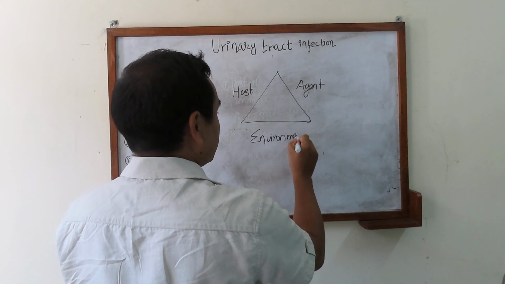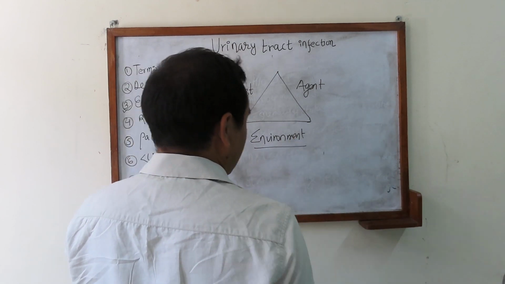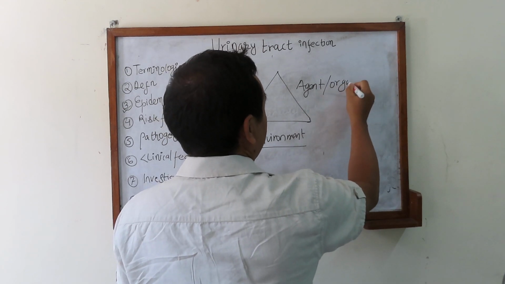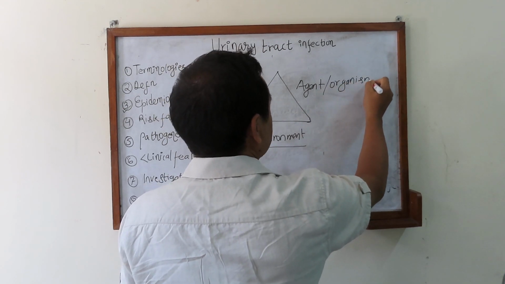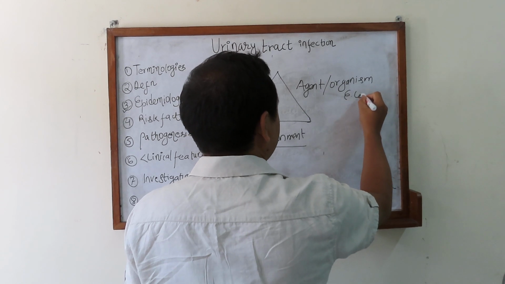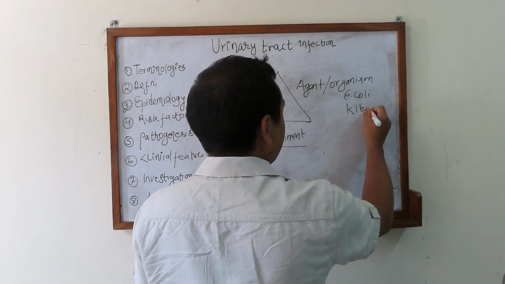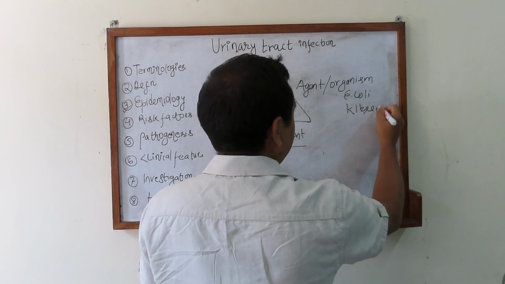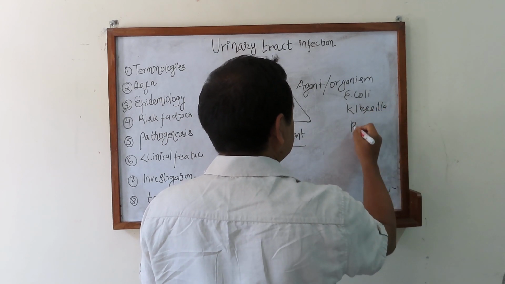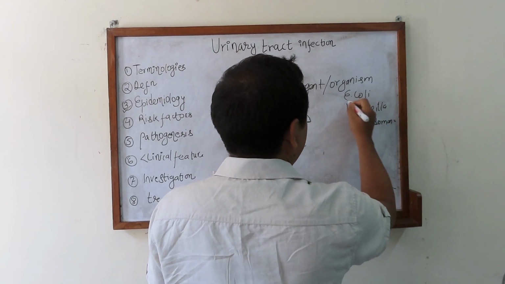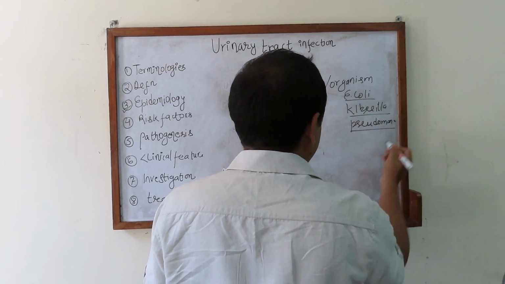So agent is like the different organisms. The common organism that causes the UTI is E. coli. Others are the gram negative rods like Klebsiella, Pseudomonas. So these are the common organisms that cause the UTI.